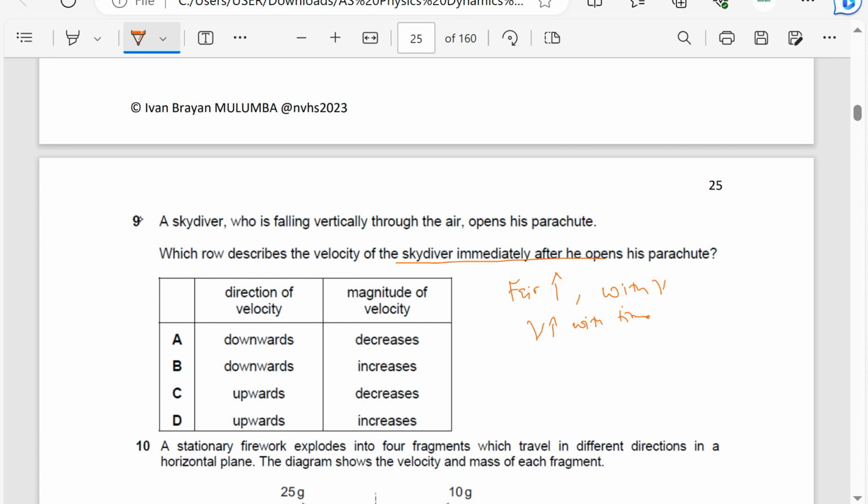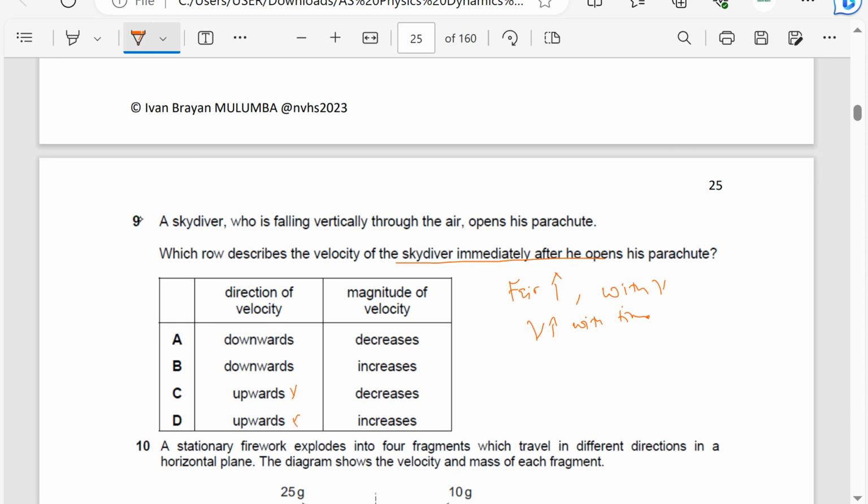But then with time, when air resistance increases, it means the velocity is going to decrease, but the motion is still downwards. So the direction of the velocity is downwards, not upwards.